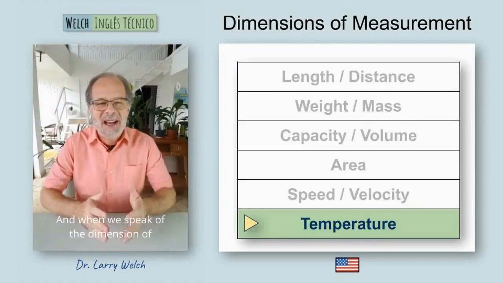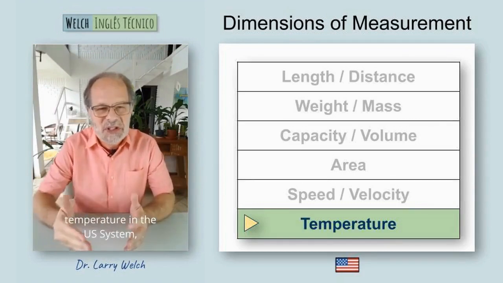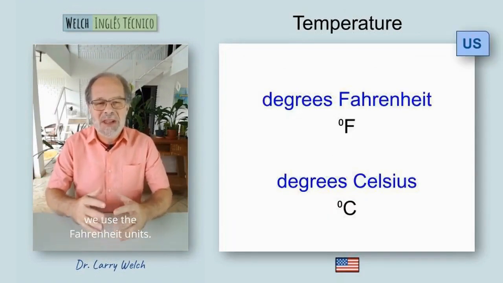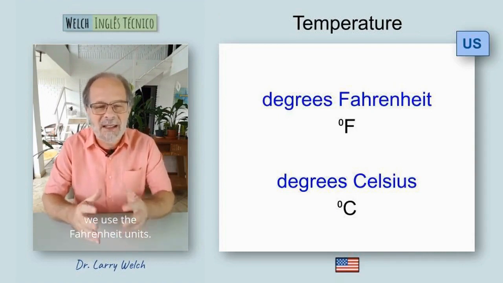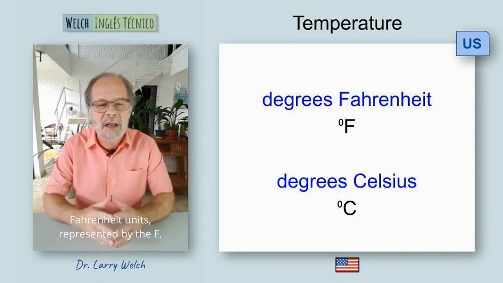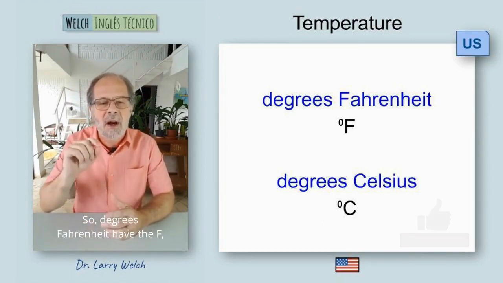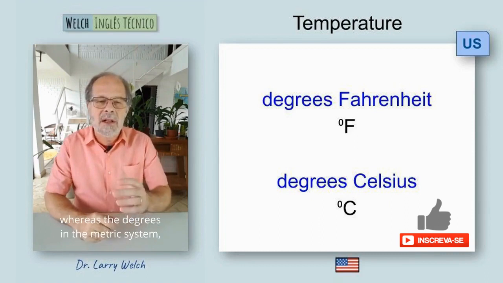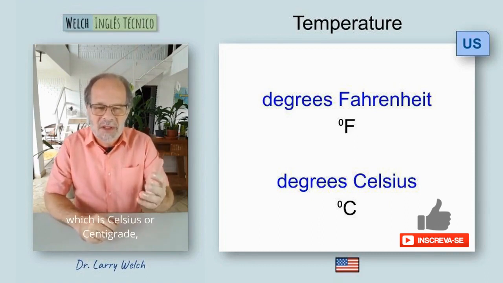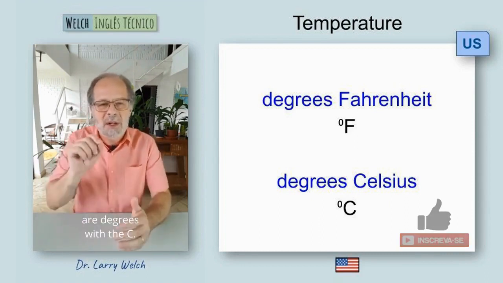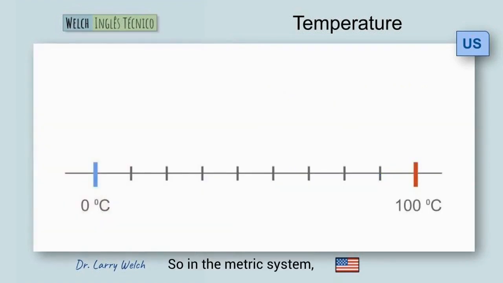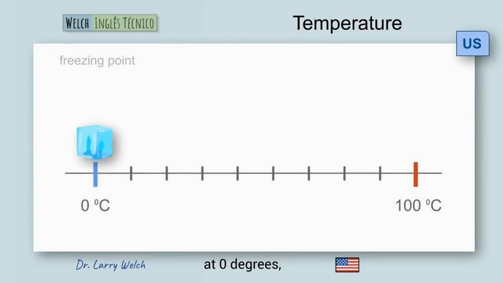And when we speak of the dimension of temperature in the U.S. system, we use the Fahrenheit units. Fahrenheit units represented by the F, so degrees Fahrenheit have the F, whereas the degrees in the metric system, which is Celsius or centigrade, are degrees with the C. So in the metric system, we have freezing water at 0 degrees and boiling point of water at 100 degrees.